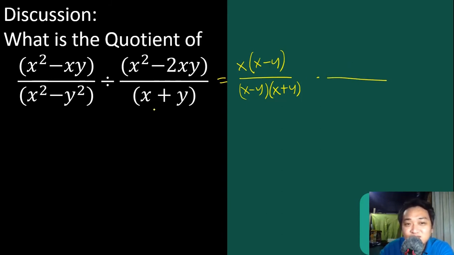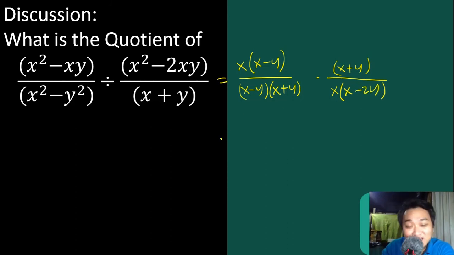So, itong nasa denominator na x plus y, mapupunta siya sa taas. Ganun lang kasimple. So, x plus y. Wala naman siyang ibang factor. So, as is. Ay, paano yung x squared minus 2xy? We can factor out x. Ganyan. And then, yung tira sa loob is x minus 2y.